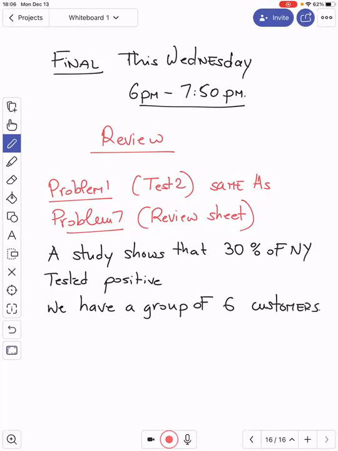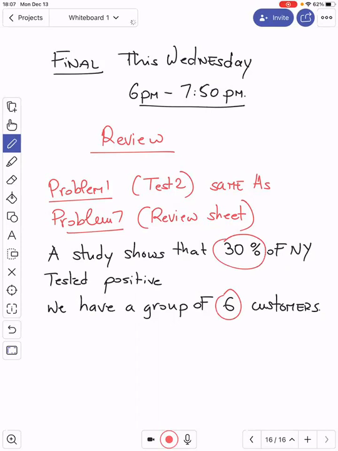Anyway, whenever you see a percentage, 30%, and you see a number, that's probably a binomial distribution. That's probably section 6. In section 7, it's more about the mean mu and the standard deviation sigma, and you have to determine the probability of x.